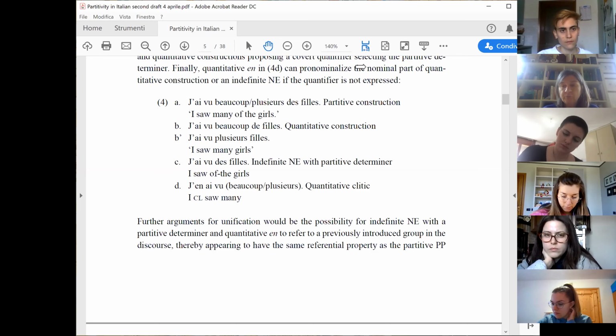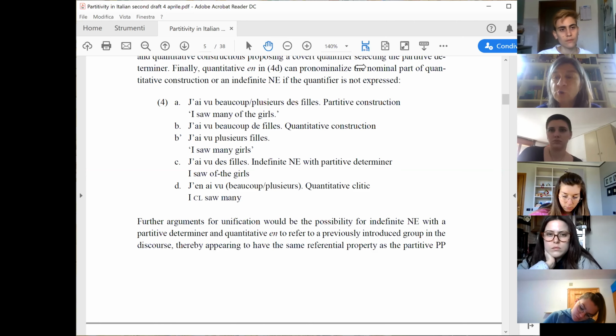And again, beaucoup means the same as plusieurs, but beaucoup is uninflected. Okay, beaucoup is like an adverbial. It's like molto, not like molte.